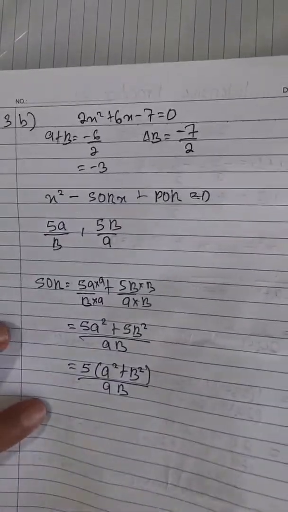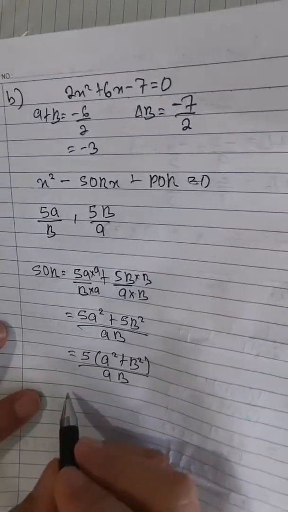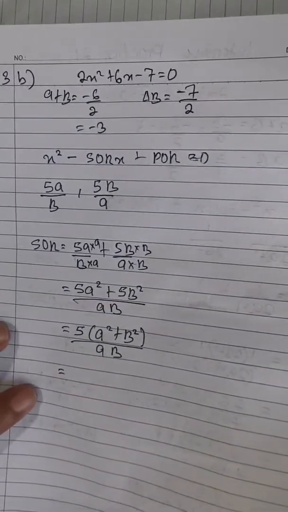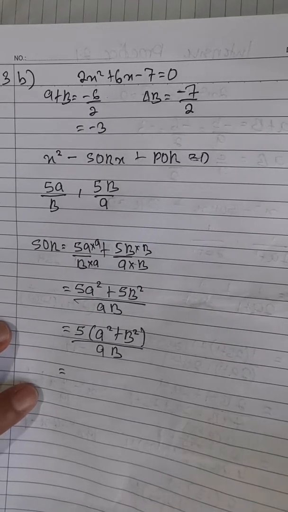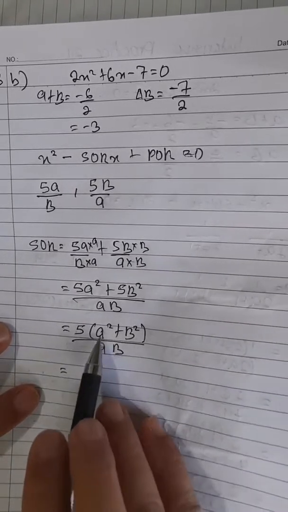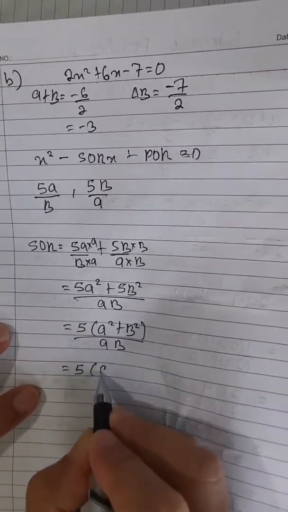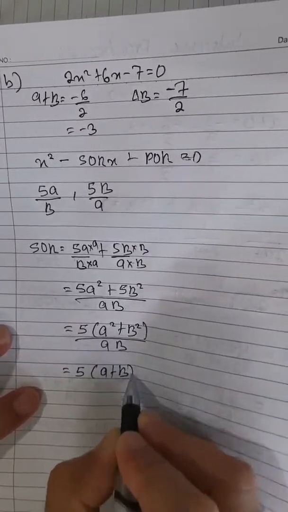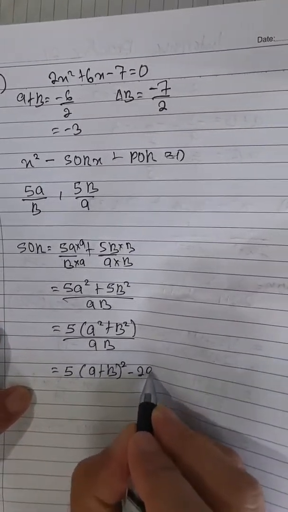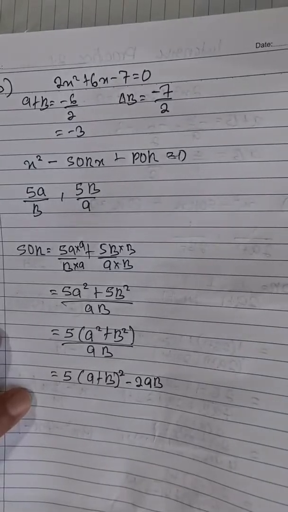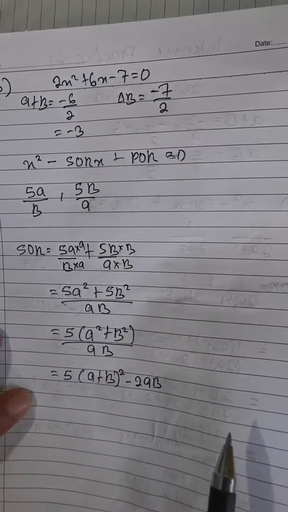Okay, but then we do not know the value for alpha squared plus beta squared. So this is another factorization that you have to memorize. That is, alpha squared plus beta squared will be alpha plus beta squared minus 2 alpha beta. That is the factorization for alpha squared plus beta squared.